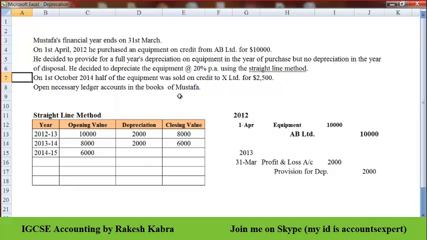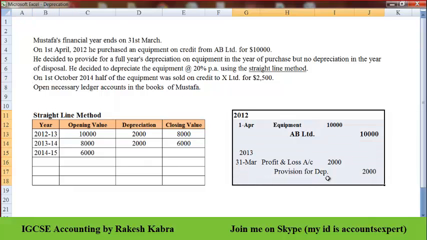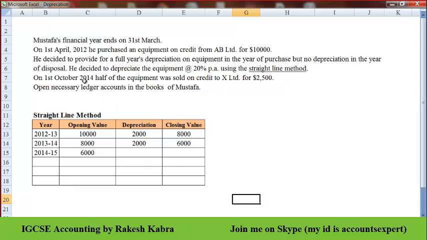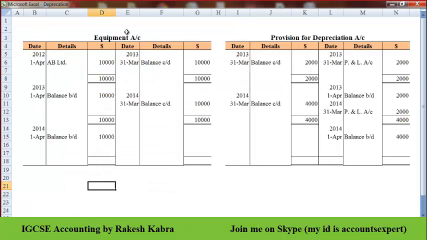Okay. Now see what we will do. Now we are selling the equipment on 1st October, isn't it? Now see what I will do. I will transfer the balance of equipment to which account? I am not selling the entire equipment. I am selling only half equipment.